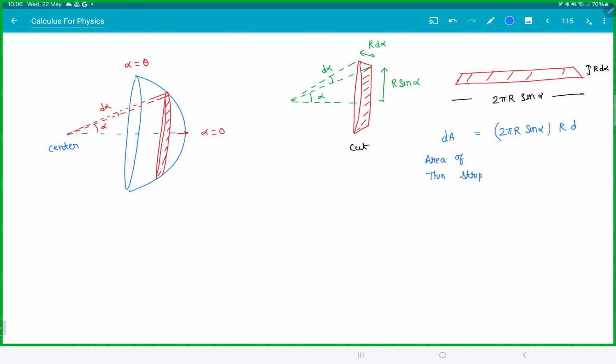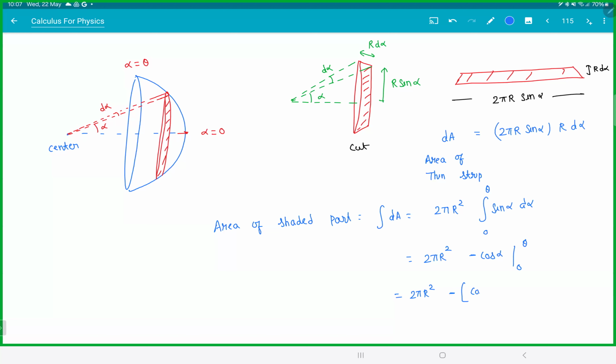Done. So if you want the area of this part, the shaded part, it is the integral of dA, which is 2 pi r square times the integral of sine alpha. I said integration is actually easy. Look, limits will go from 0 to theta. What is the integration of sine alpha? Minus cos alpha. So substitute the values.